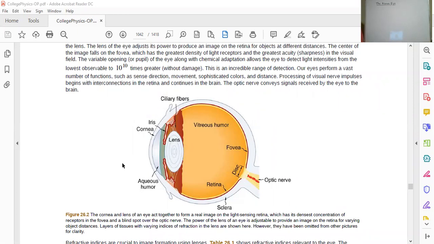The cornea has the second highest index of refraction in the eye. The highest is the lens. But the cornea has the greatest amount of refraction because it has the greatest difference.